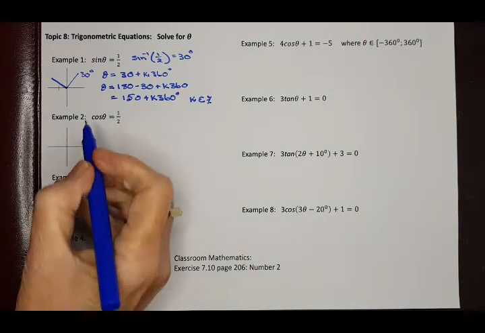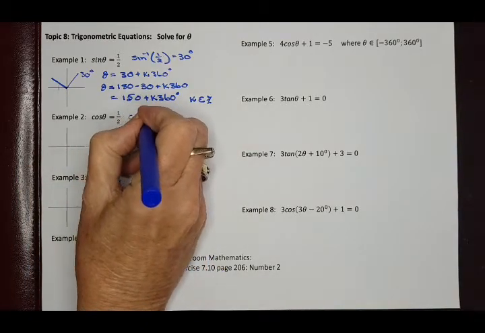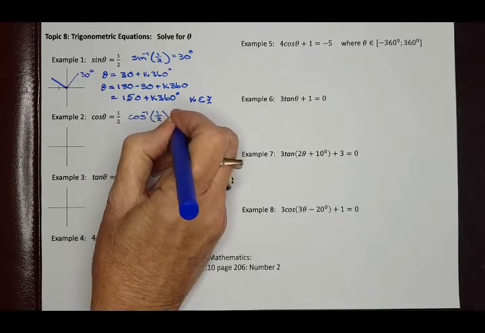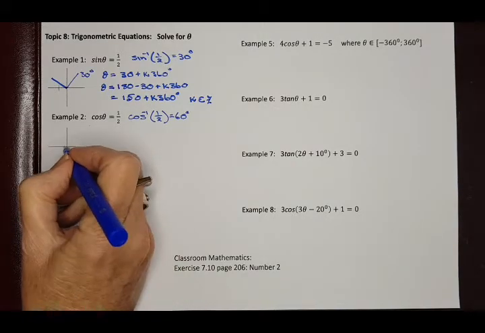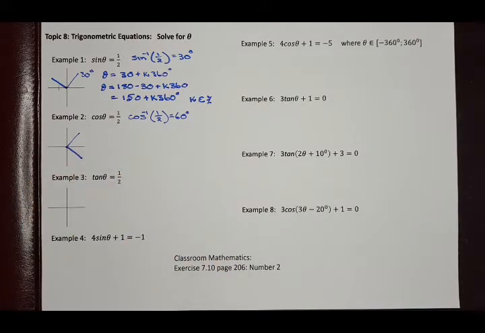In the same way, if we take cos theta is equal to a half, now you are familiar with the concept that arc cos of a half is going to be 60 degrees. In which two quadrants is cos positive? Well, cos is positive in the first quadrant and in the fourth quadrant.